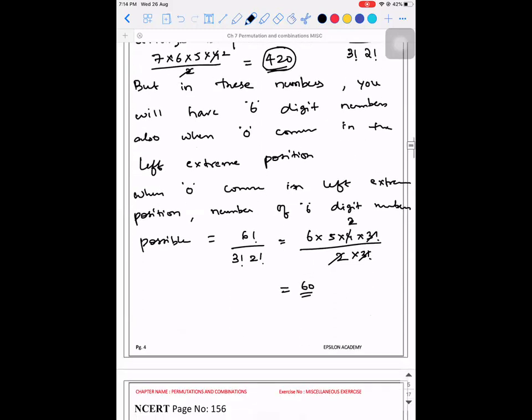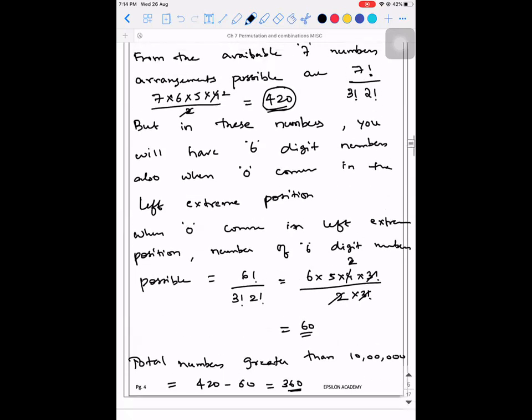So how many numbers are possible? 420 minus 60, the answer will be 360. So 360 such numbers are possible which will be greater than 10 lakh.